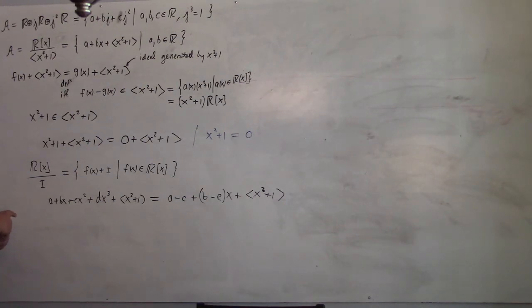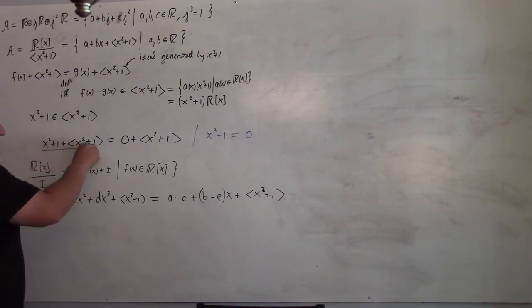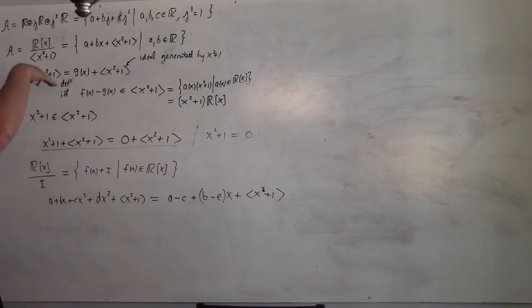Oh, okay. The representative in this quotient space is not unique, just like fractions are not unique. Of course, 1/2 is 3/6. Same kind of thing here.